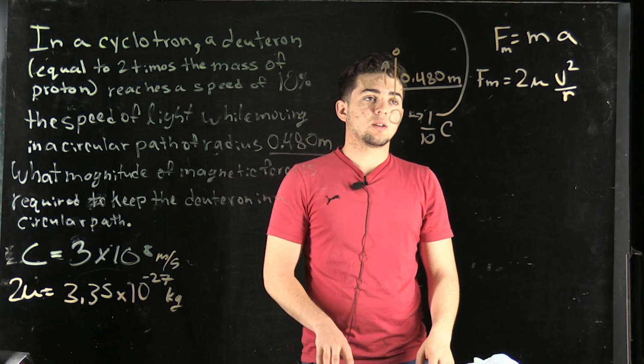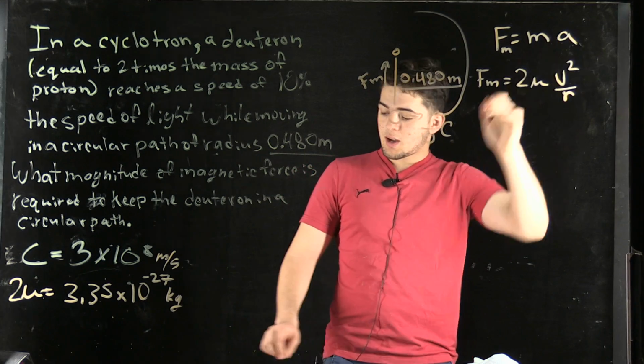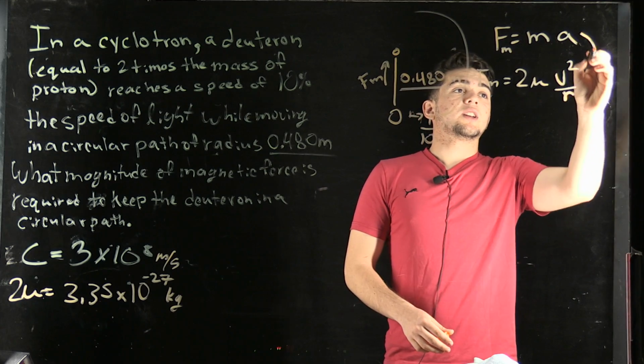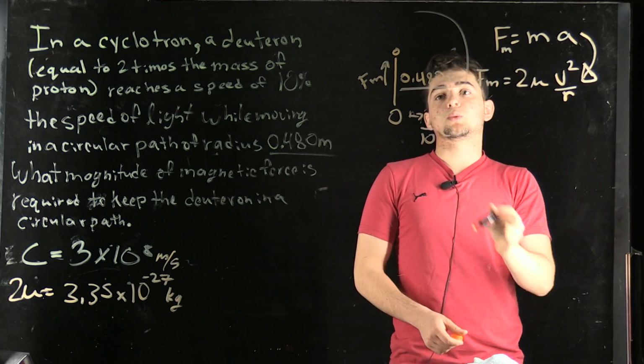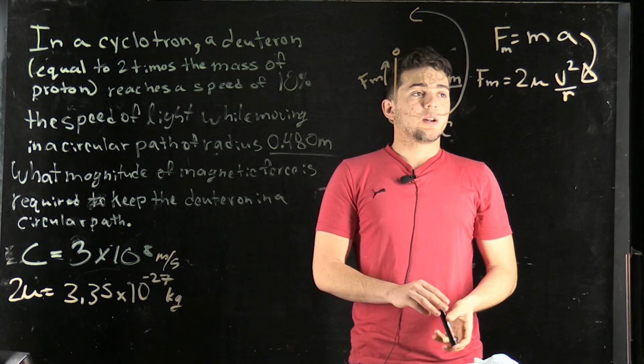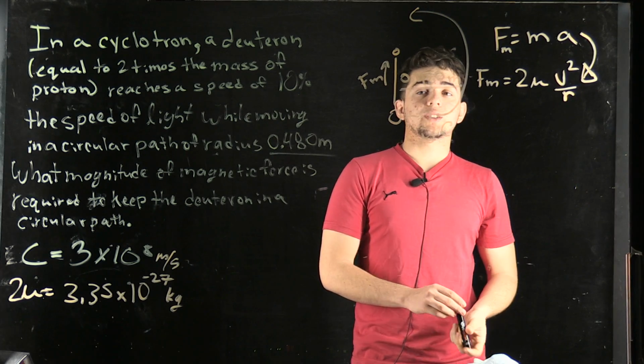My acceleration, I had to turn that into something relating it to the centripetal force, because that's what's going to keep it in a circular path. To do that, you have to write it down as v squared divided by the radius of the circle.